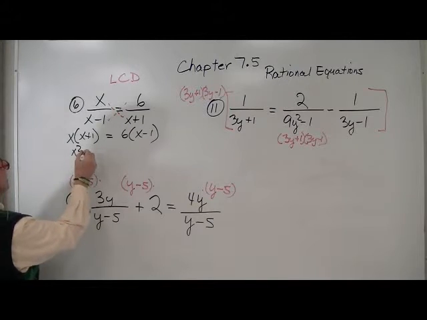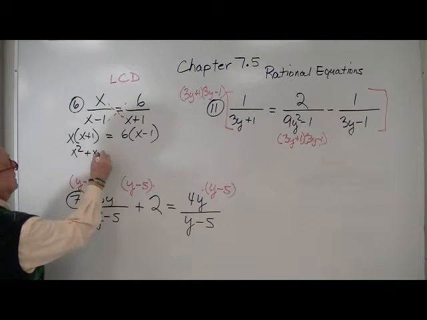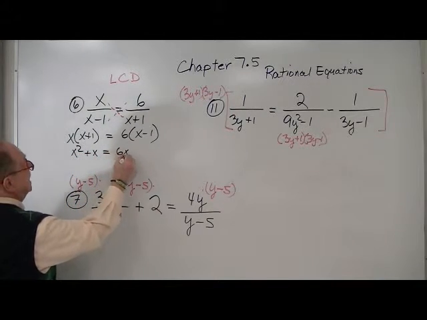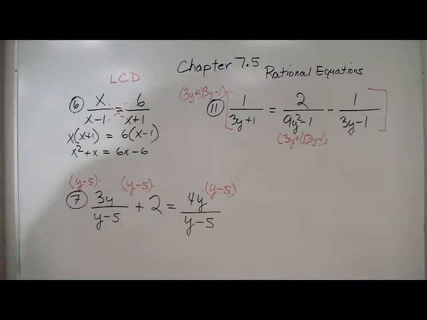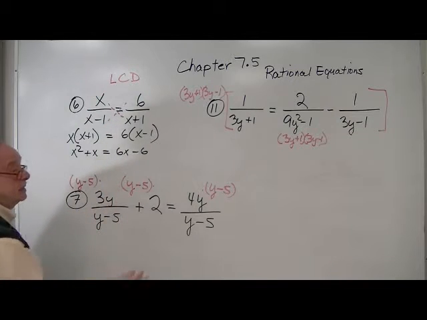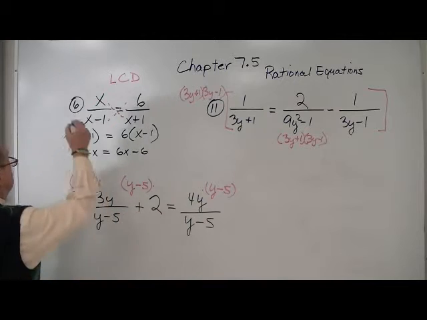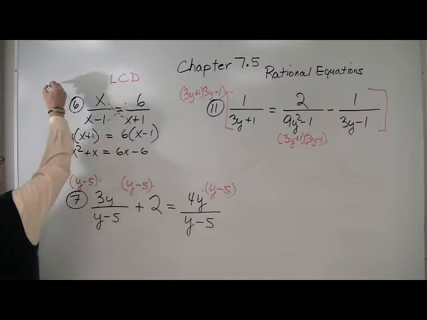This will be x squared plus x equals 6x minus 6. Now we see here we've gotten a quadratic equation, and in an earlier lesson we had the technique for solving it, which is to put the equation into standard form.